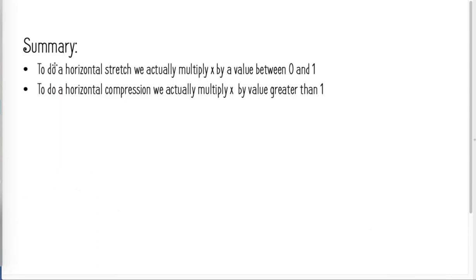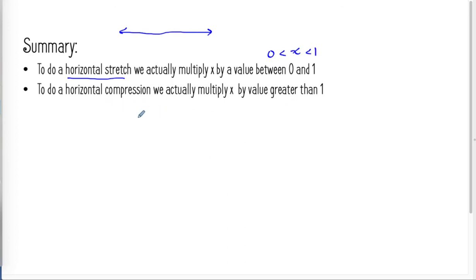All right, so our summary. To do a horizontal stretch, that means to take our graph and stretch it horizontally, we're actually multiplying x with a number between 0 and 1.